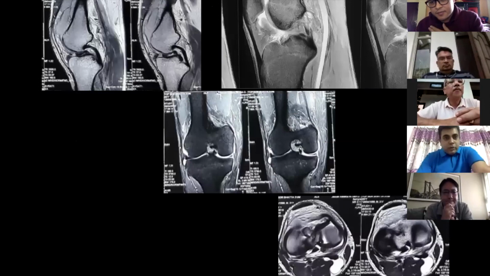Probably what we have suspected is there is a bucket handle tear of the medial meniscus. ACL is not seen or totally torn in this coronal film, and probably we'll have to intervene arthroscopically with cruciate ligament reconstruction and repair of the bucket handle tear.